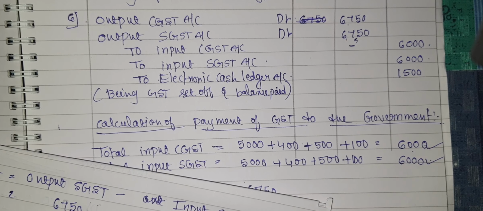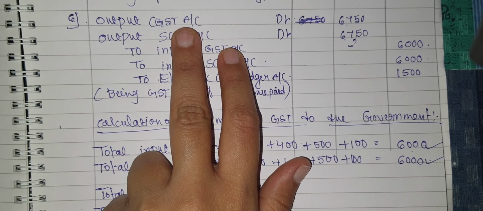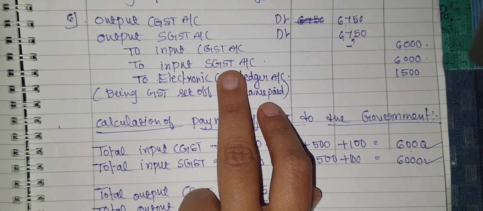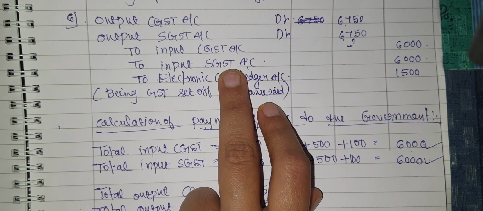Sometimes what happens is, if the output GST is less than the input GST, it results in an excess input tax credit. In that case, what do we have to do?